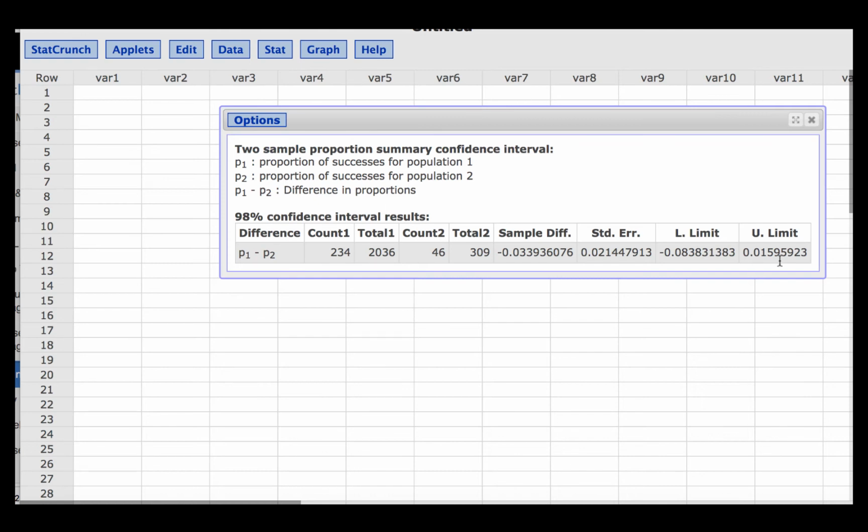But the significance of this interval is that it contains 0. Therefore, using this interval, we are not led to the conclusion that a difference exists between the population parameters. This is the same conclusion that the hypothesis test led us to.